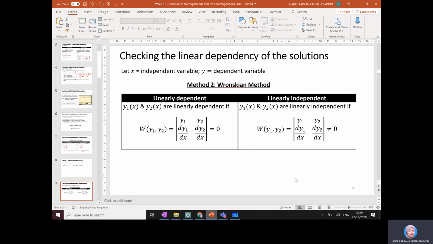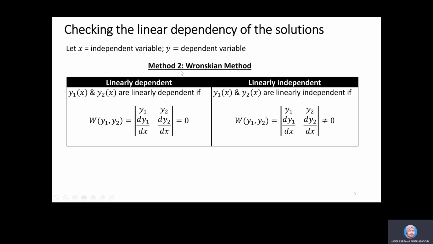Okay. Another method to check the linear dependency of the solutions is to use the Wronskian method. Let x be the independent variable and y the dependent variable. We define the Wronskian determinant by putting it into a matrix: y1, y2, dy1/dx, dy2/dx.